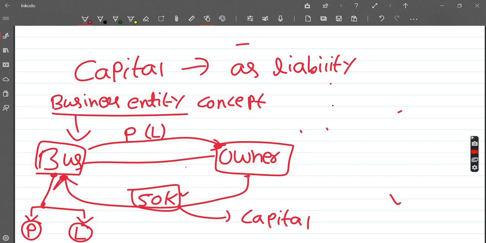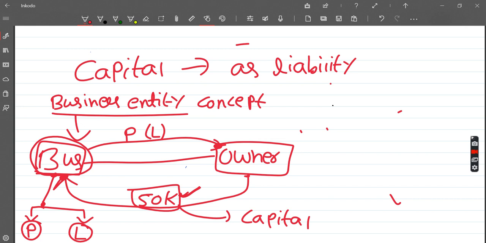Now, we are passing general entries from the business point of view. The business is liable to pay back the 50,000. The owner gave 50,000 capital to the business. That is not the business's money.